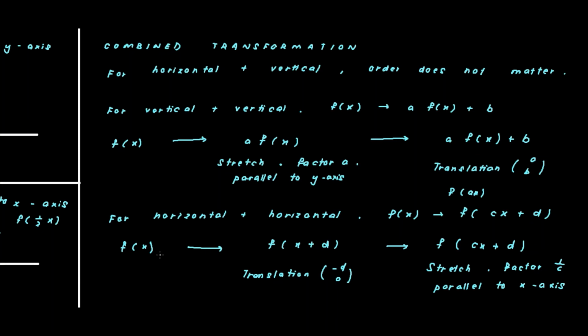When we do translation, first we substitute the x with x plus d. Then when you want to do the stretch, you substitute the x with cx. If you turn it around, then your c will need to multiply with x plus d already, which is what happened when I showed you the wrong example.